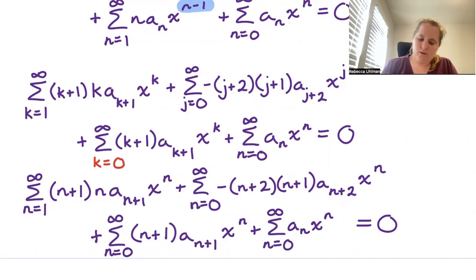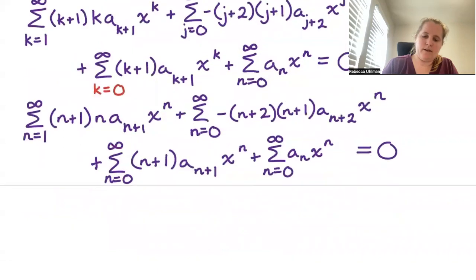From here, now we do have one term which has n equals 1 instead of n equals 0. However, because we have an n plus 1 times n, adding in n equals 0 is equivalent to adding 0, right?